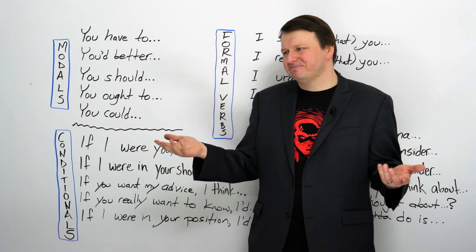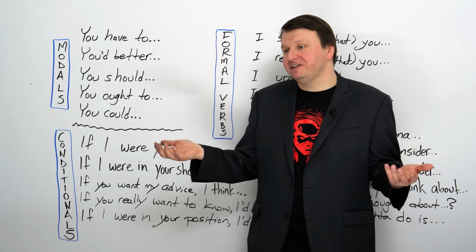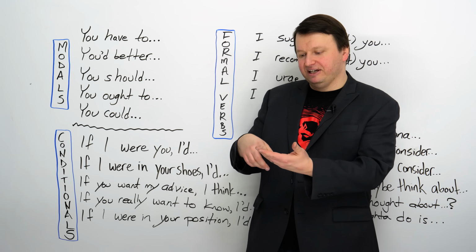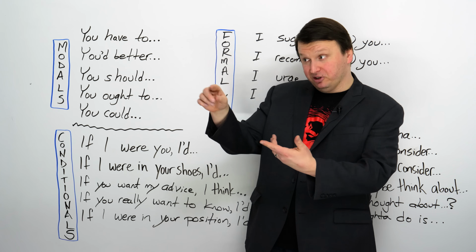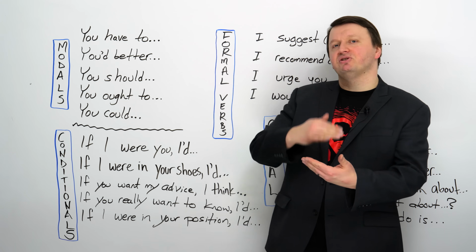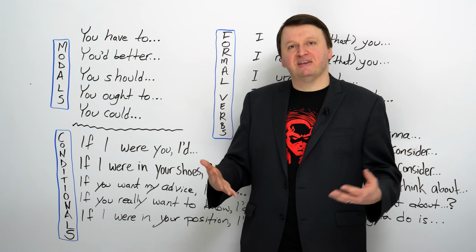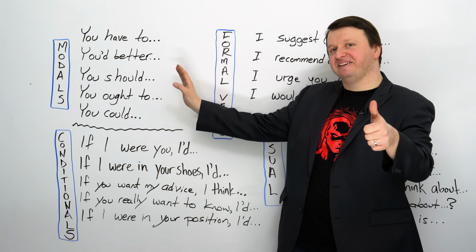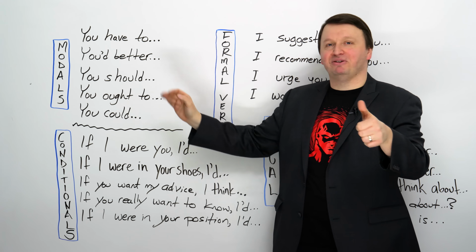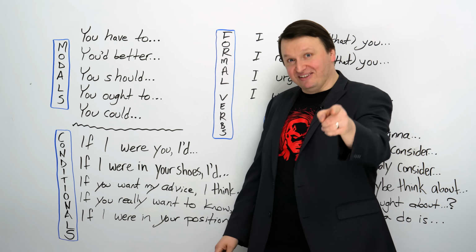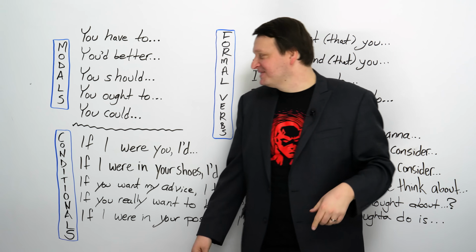I don't know, like something that has protein. Okay, well, you could get the steak, or you could get a hamburger, or you could get something else with protein. So you're giving them options. You're advising them of what is possible. Modals, we're okay? So many of you are like, Alex, I don't know what's going on. Check out the other modal videos.